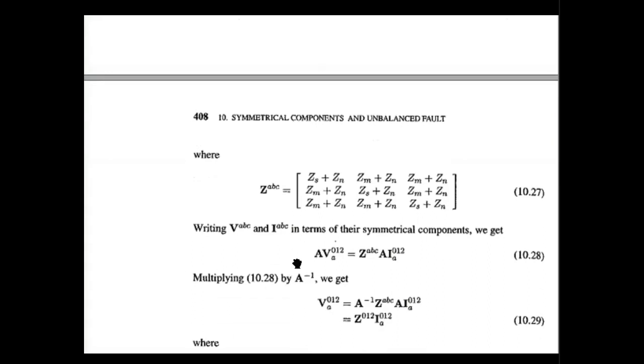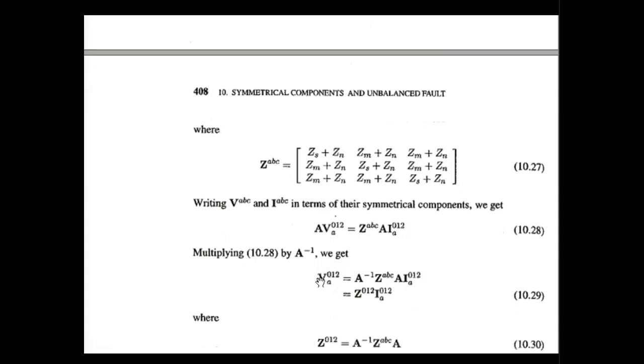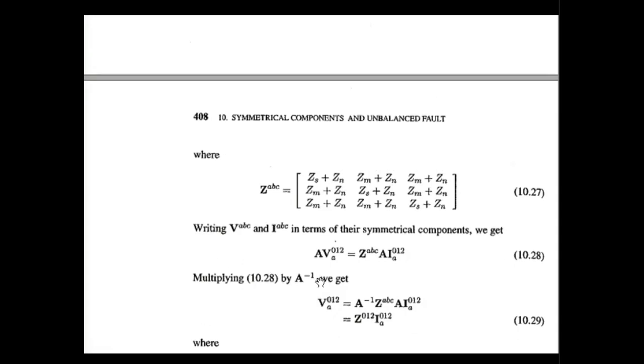Now, if we take a multiplication by A inverse from both sides, on the left side A and A inverse will cancel each other. So you will have only V012, and on the other part you will have the multiplication factor. Now, in that equation, here you can see this is the 012 sequence of voltage, and this is the 012 sequence of current.